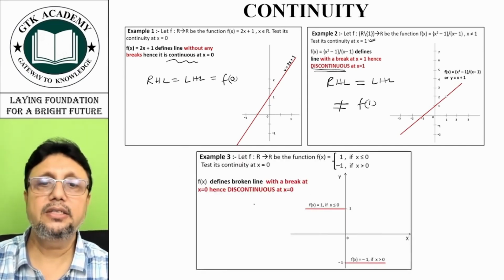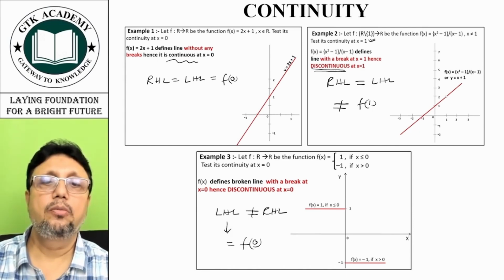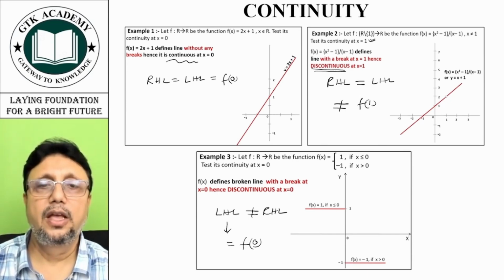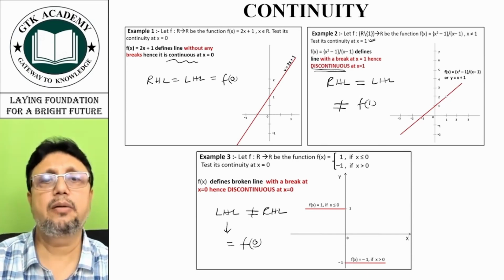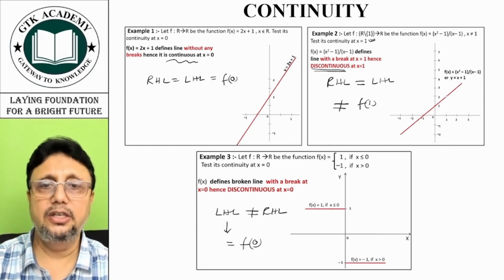Then for the third case, LHL was not equal to RHL. Although the value of LHL was equal to F0, it is a discontinuous function. So from all these three examples, I hope that you are clear with this idea of continuity.